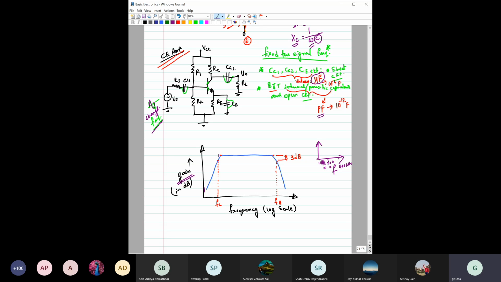So suppose some change in gain is happening at, say, 100 hertz. Then where is 100 hertz here? Here. Now suppose something is also happening at 500 hertz. Where is 500 hertz?